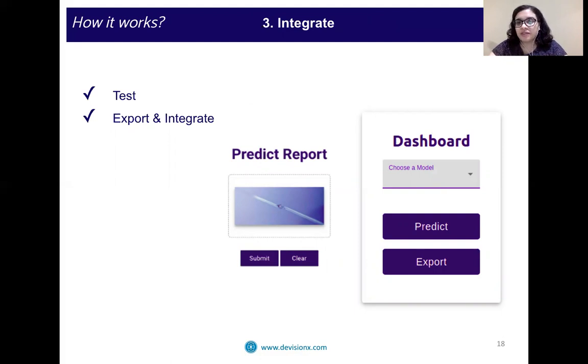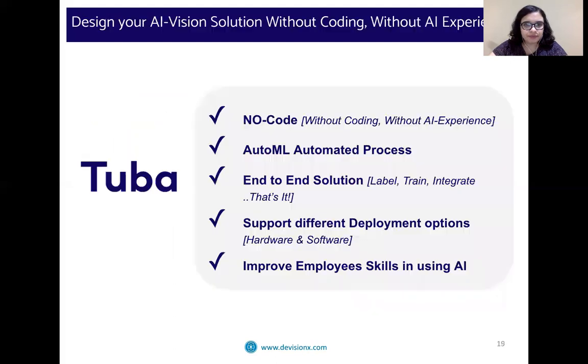For example, if you want to classify between two types of defect, for example type 1 and type 2, when you upload the images you will test with, you can get a report based on the trained data. After that, you can export a trained model that is ready to be integrated with different types of hardware, and also you can integrate it in your software pipeline easily.